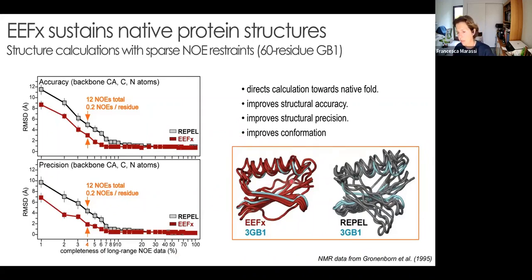So these two pictures visually show what I just said. Okay, so here's the ensemble calculated with EEF in red compared to the experimental structure, or repel in gray. And you can see this much nicer, tighter bundle and better accuracy to the experimental structure with the sparse restraints.